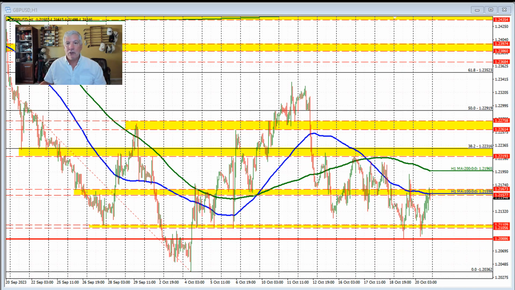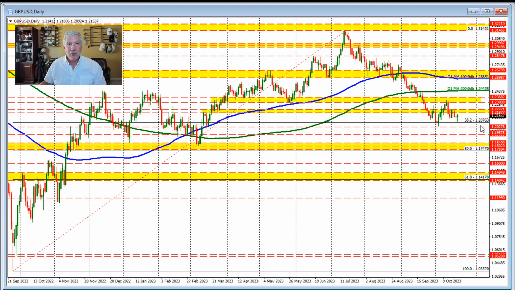Let's take a look at the daily chart and see where we stand in regard to that. And I want you to remind yourself of the 38.2% retracement. That's of the move up from the September 2022 low to the high price that we saw in the month of July. 38.2 comes in at 120.76. Now, we did move below it earlier in October, only to find the price move back above it. We haven't been below it since.